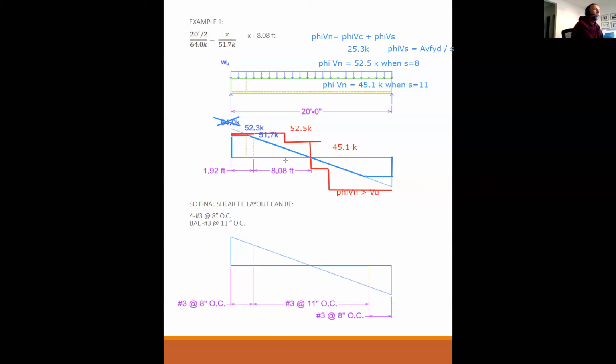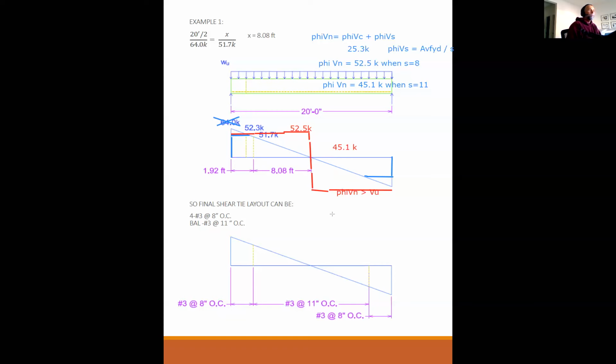So you could just put number 3s at 8 inches on center through the whole span. You could totally do that. And if you did that, then your capacity diagram, the red line, would just look like this.